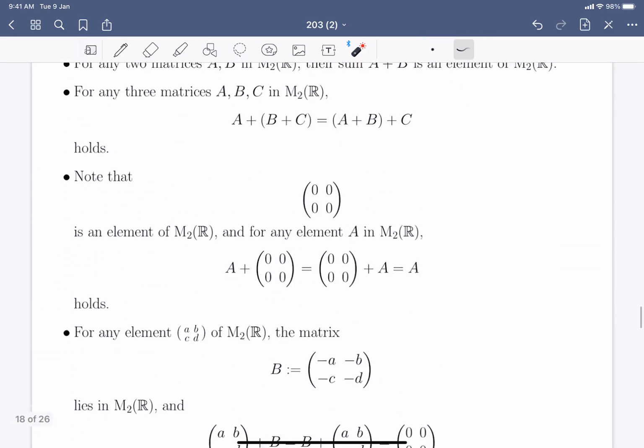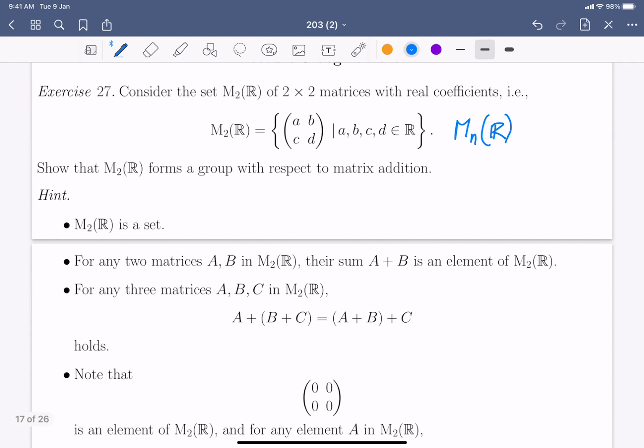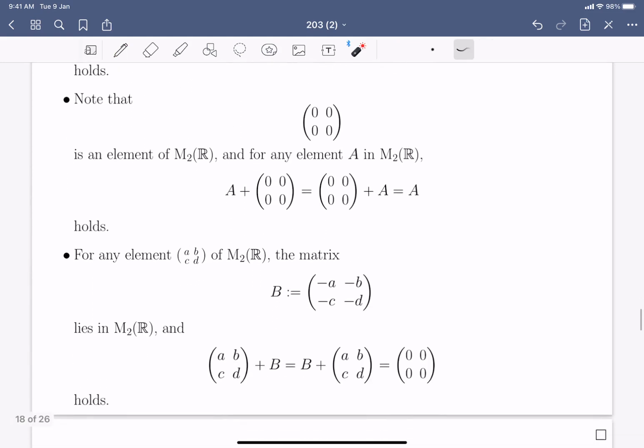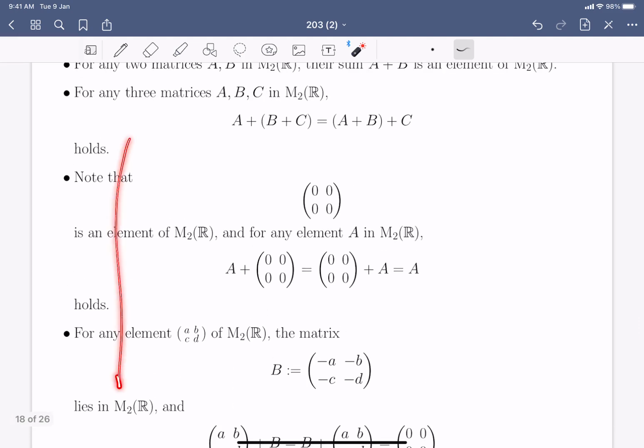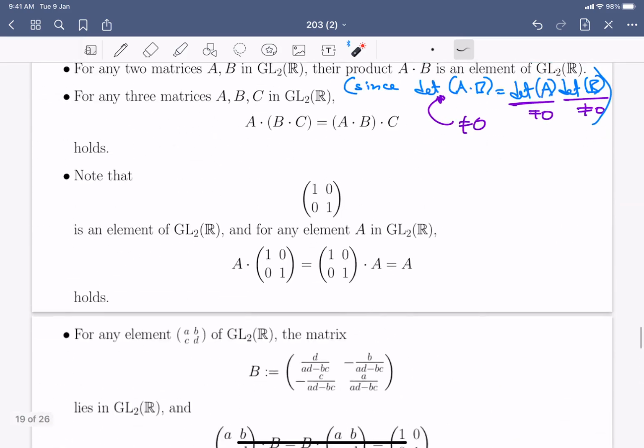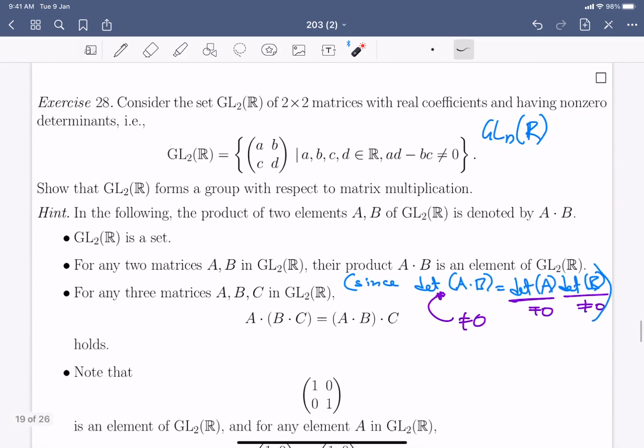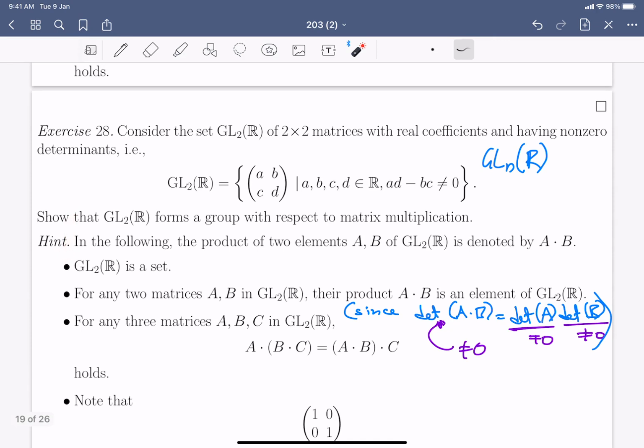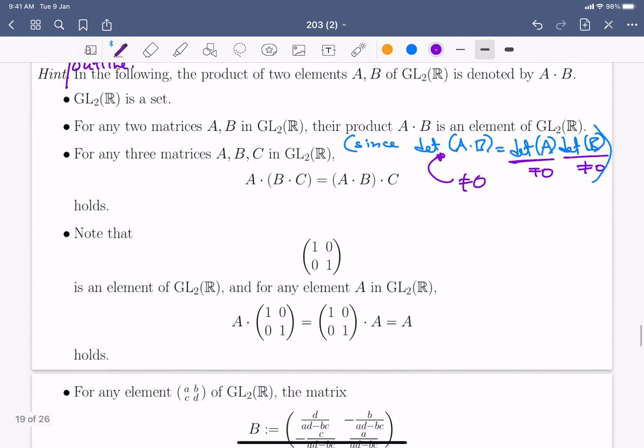Okay, so the better word could be just outline. I'm calling this an outline because there are certain things to verify. Okay, maybe this one is relatively easy, but anyway, so outline of a proof.